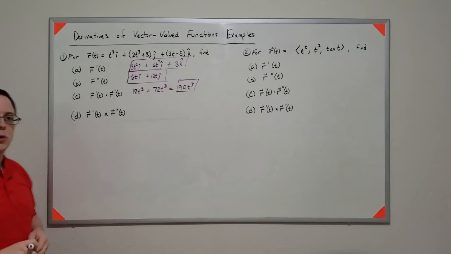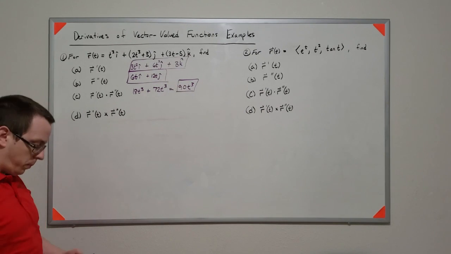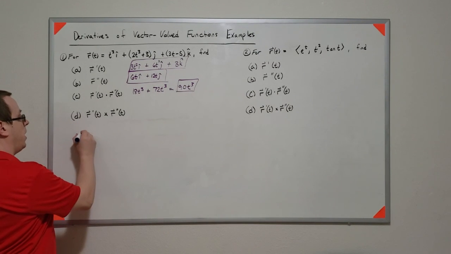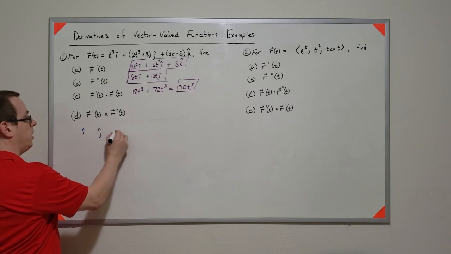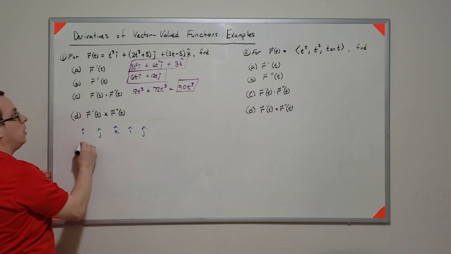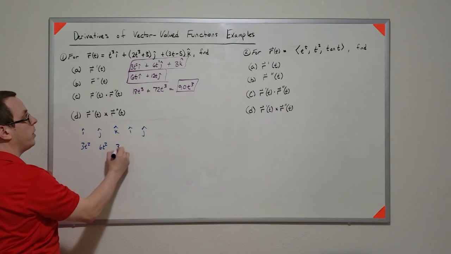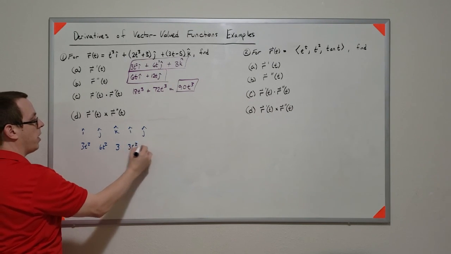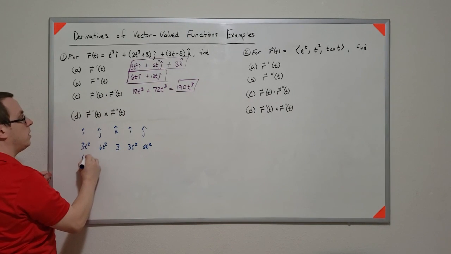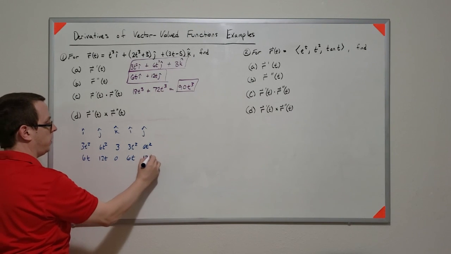And then we want to compute the cross product. So to do that, we're going to set up the cross product the way we normally do and say i, j, k, with 3t squared, 6t squared, 3 in the first row, and 6t, 12t, 0 in the second row.